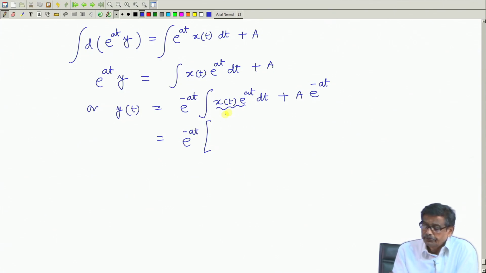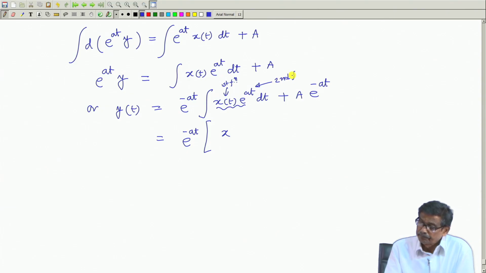I will apply the rule of integration of product. The first function, x(t), I treat as the first function, and e to the power a t as the second function.